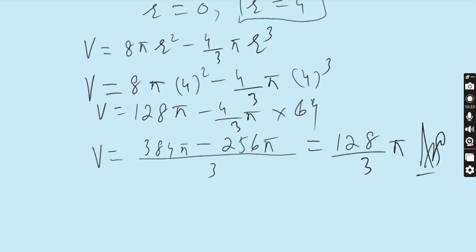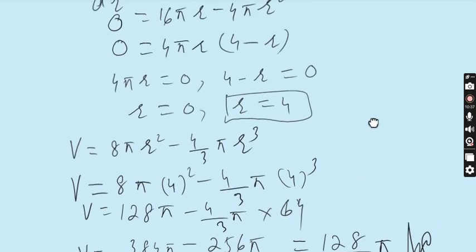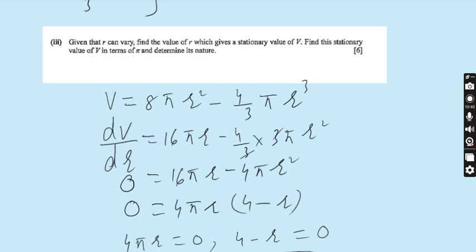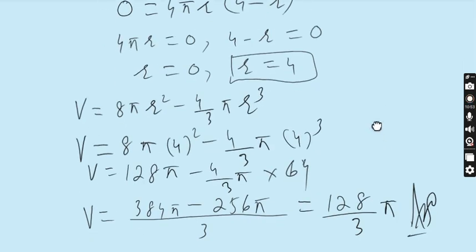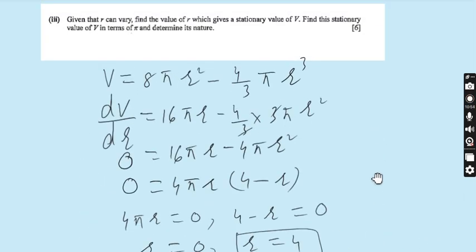This is our answer. What was the requirement? Find the value of r which gives a stationary value of V. The value of r we have found is 4. Find this stationary value of V in terms of π. So the answer is 128π/3.